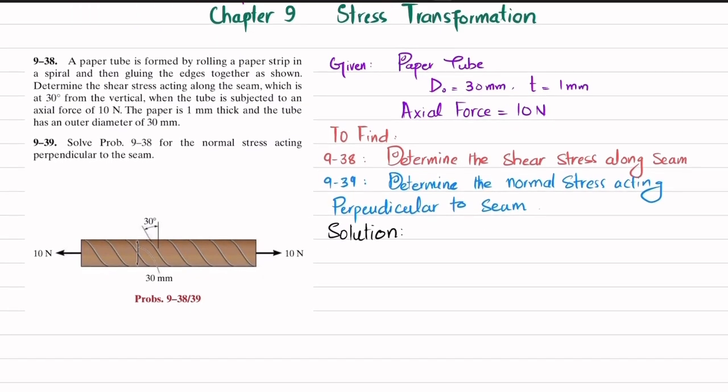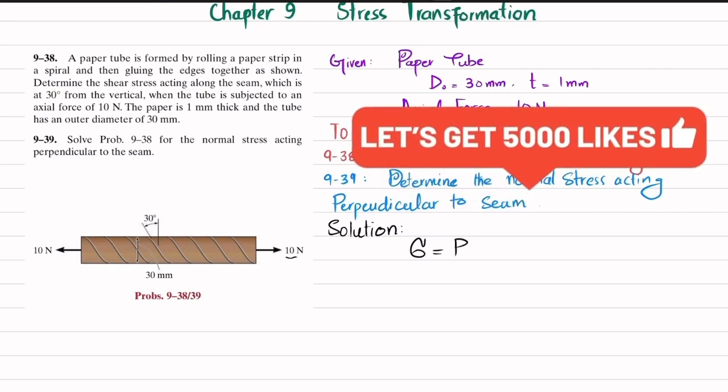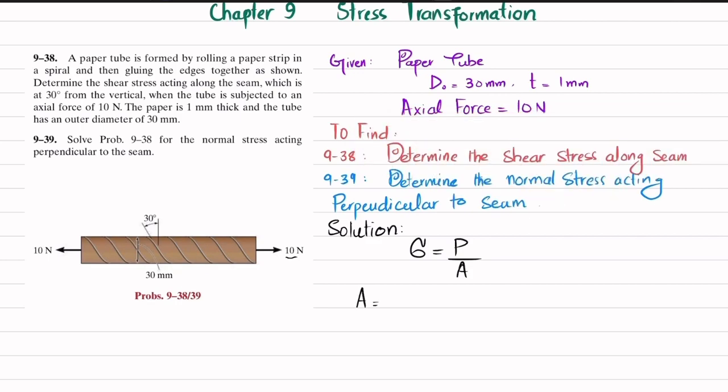First, you have this normal load, which is a tensile load. Due to this tensile load, we have stress, which is force per unit area. So what will be the area of this tube? Area of tube is equal to pi by 4 times d outer square minus d inner square. This is the outer diameter, given as 30 millimeter.